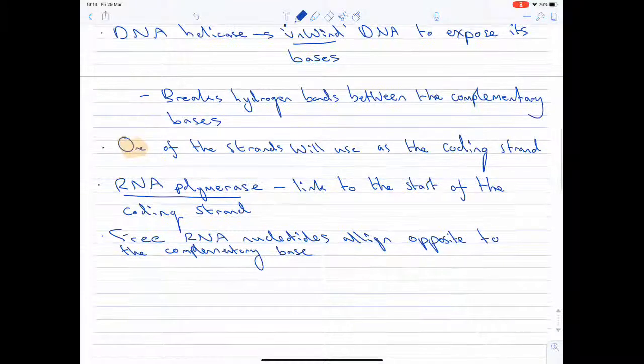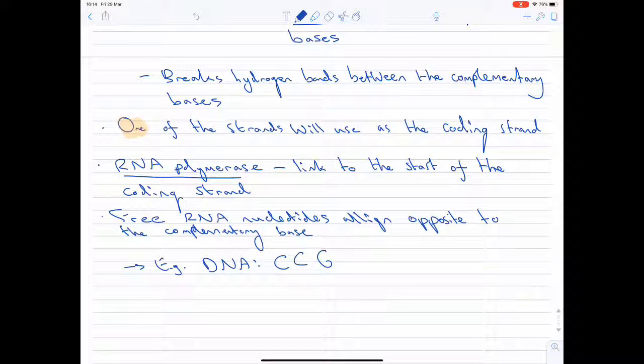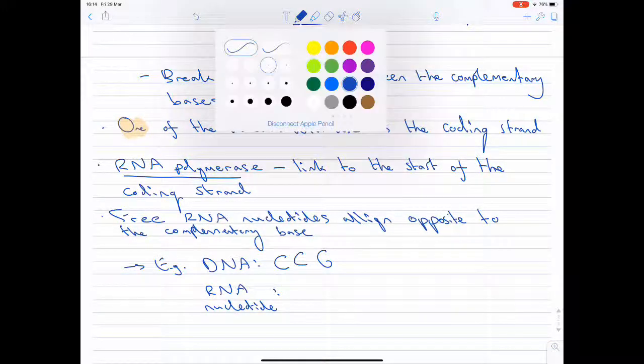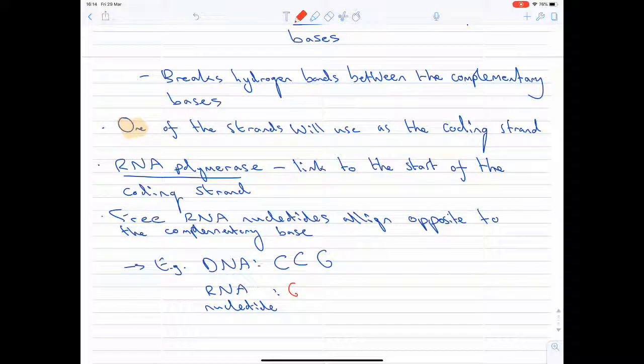So for example, if you've got on the DNA molecule, let's say for argument's sake, CCG, then the RNA nucleotides in this case, because of complementary base pairing, would be GGC. So you can see the complementary nature here.